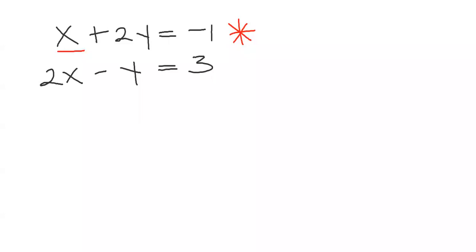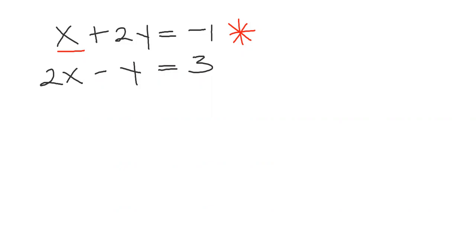Now, let me give you a quick tip. It is always easier to pick an equation that has a term with a coefficient of 1 to make it the subject of the formula.